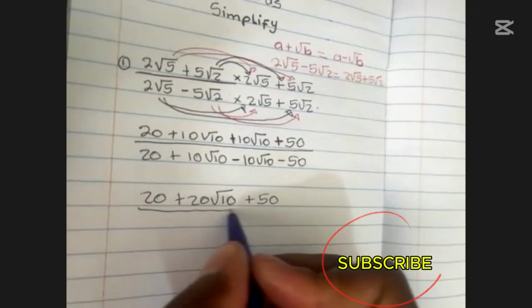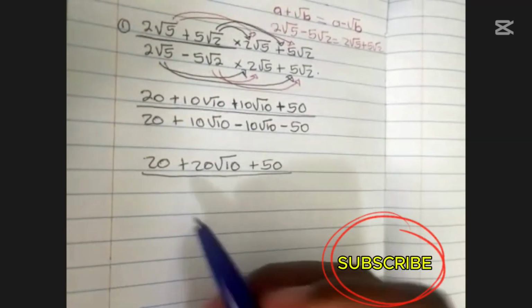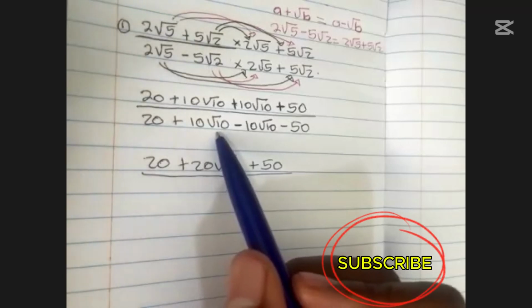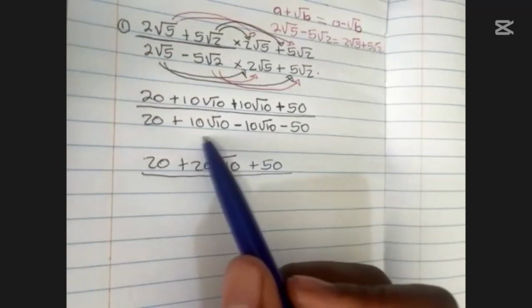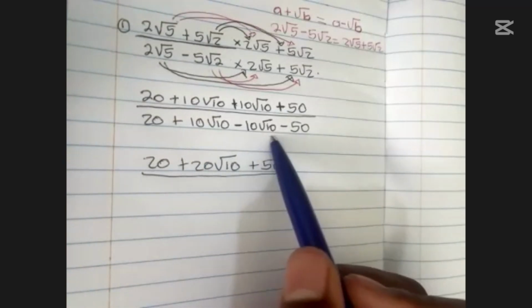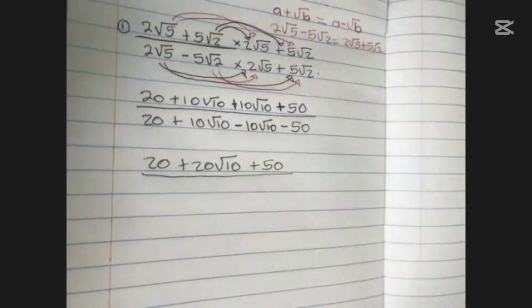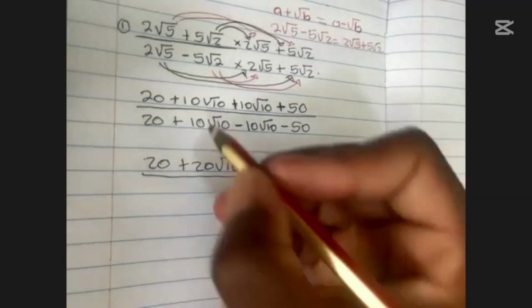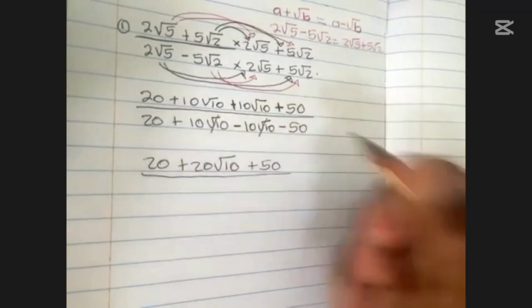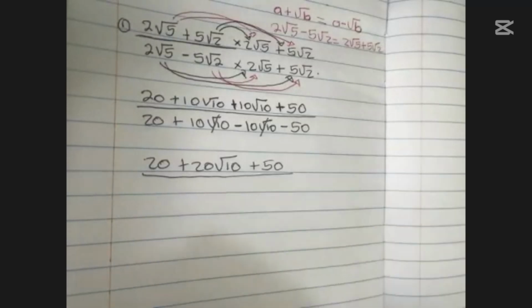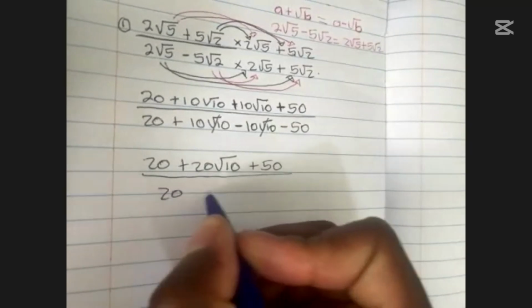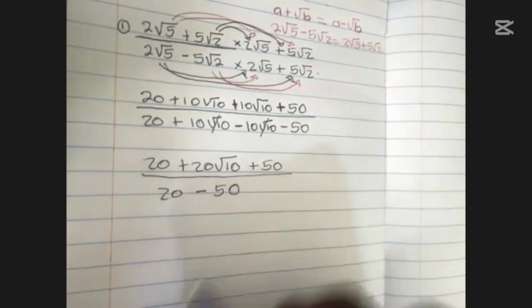The same thing applies this side. You can see we have these two like terms and they are subtracting: 10√10 minus 10√10. So they will cancel out, and we're going to be left with 20 minus 50.